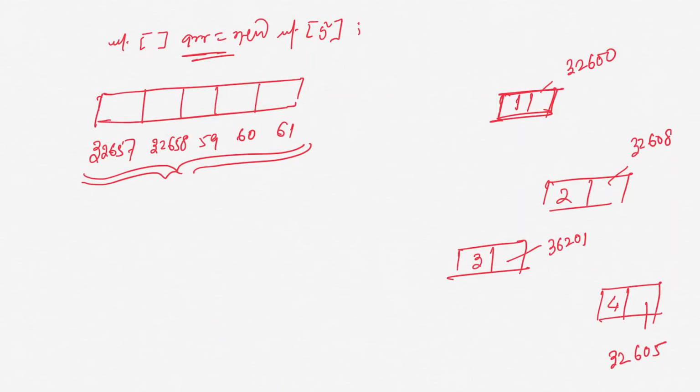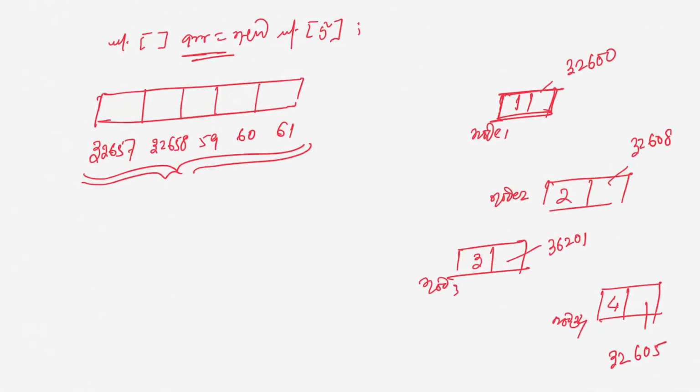a linked list consists of a collection of nodes together, represented in a sequence. So this is node 1 and node 2, node 3 and node 4.